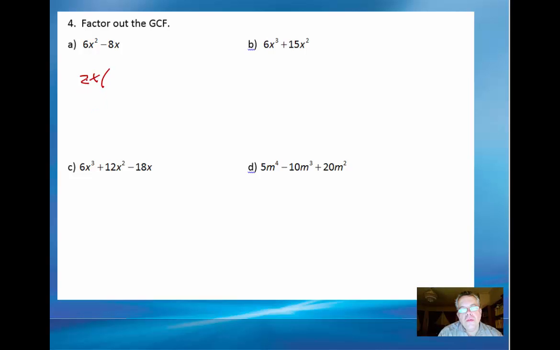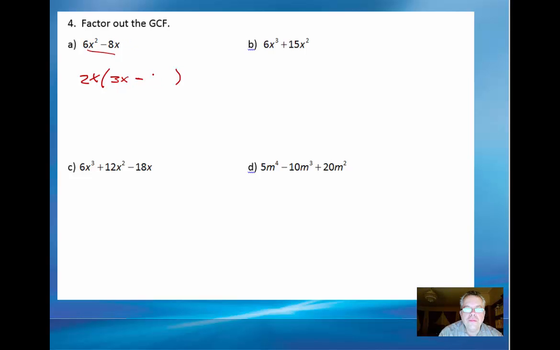And whatever we put in the parentheses here, 2x times that has to equal our original expression. So 2x times what is 6x squared? Well, 2 times 3 gives us the 6. X times x gives us the x squared. This is minus, so I'm going to make this minus. 2x times what is 8x?